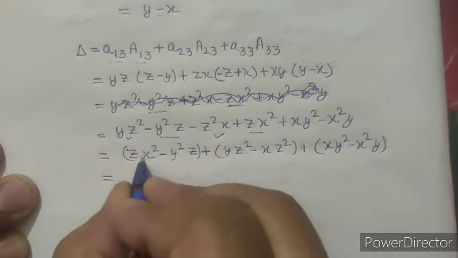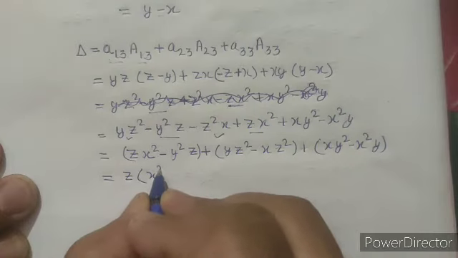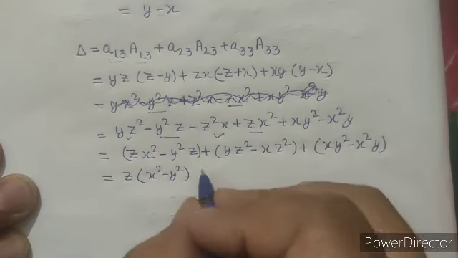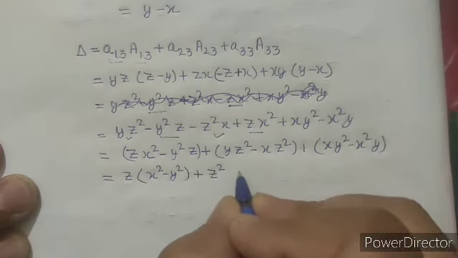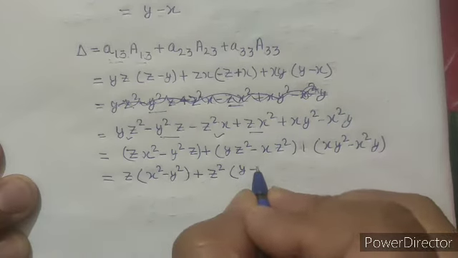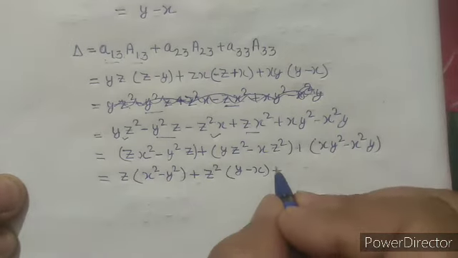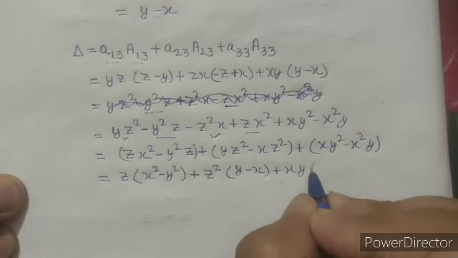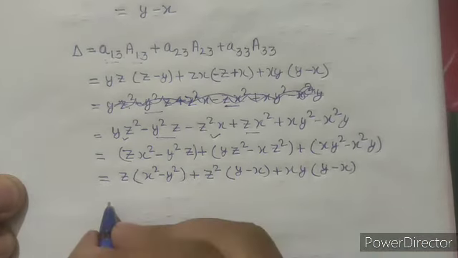Now in the first two, z is common, so this can be written as z into x square minus y square, plus here z square can be taken common, and this will be z square into y minus x, and in the last one we can take xy as common to get xy into y minus x.